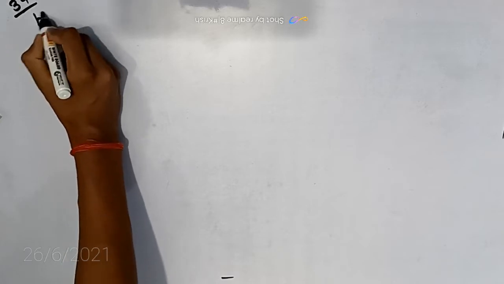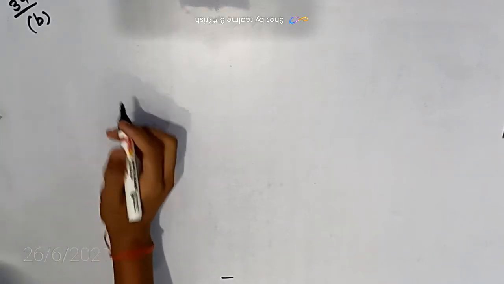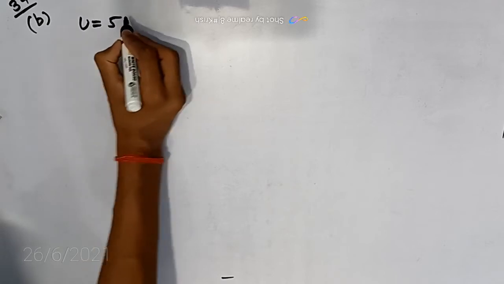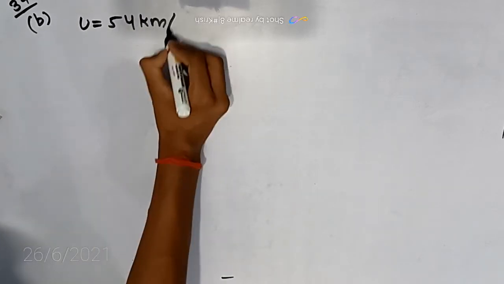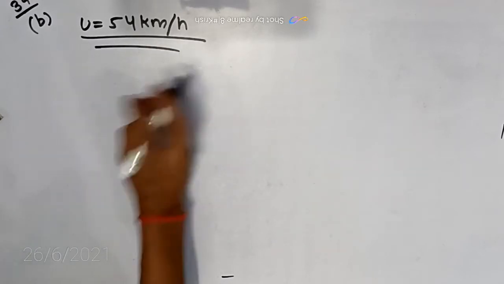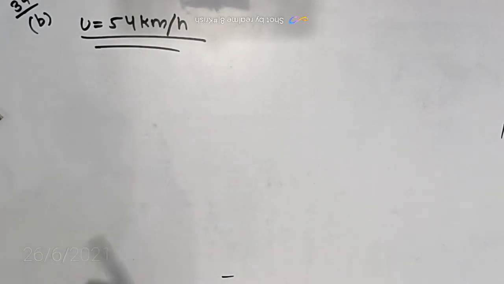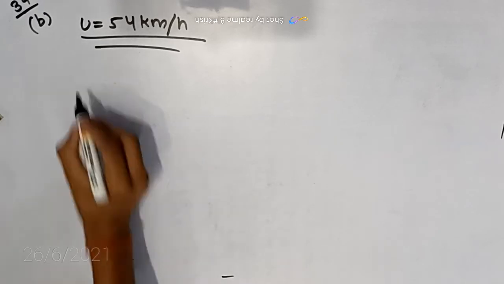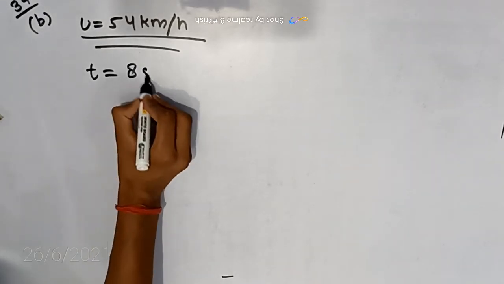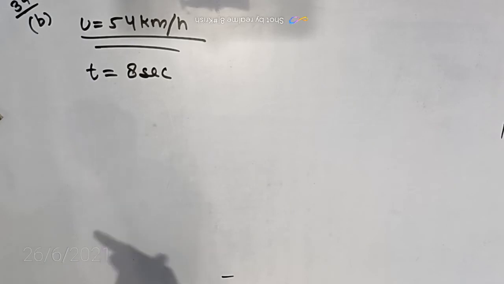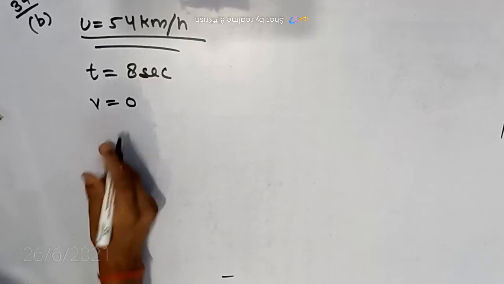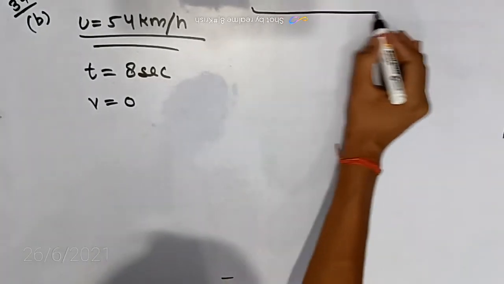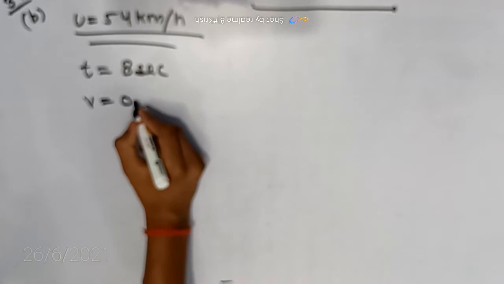A bus was moving with a speed of 54 km per hour, which means u is 54 km per hour because the bus was already moving with this speed, and on applying brakes it stopped in 8 seconds, so time t is 8 seconds. We have to calculate the acceleration. Here v will automatically be 0 because the bus will come to rest, which means the final velocity will be 0.